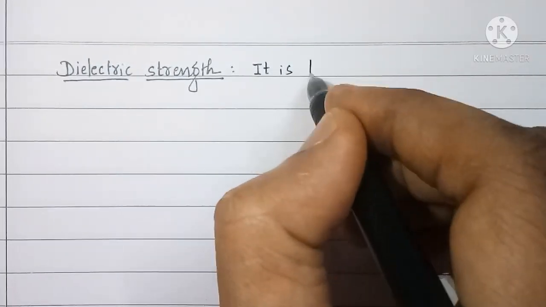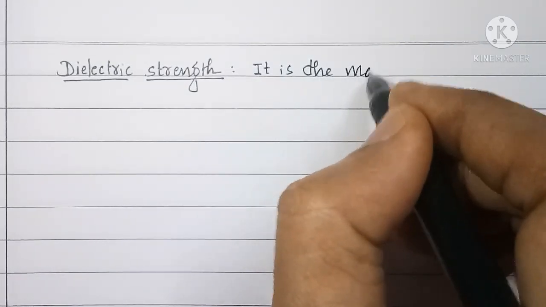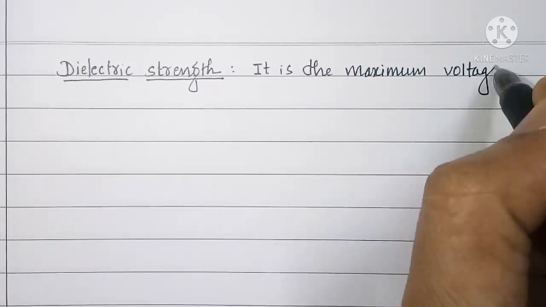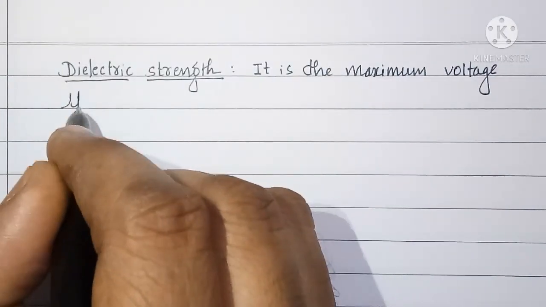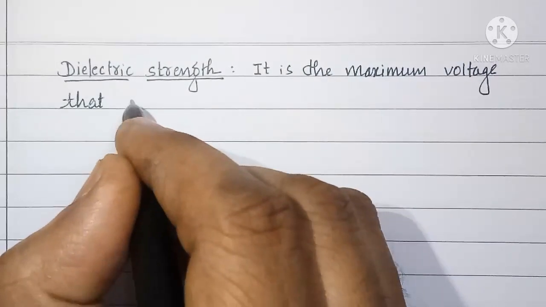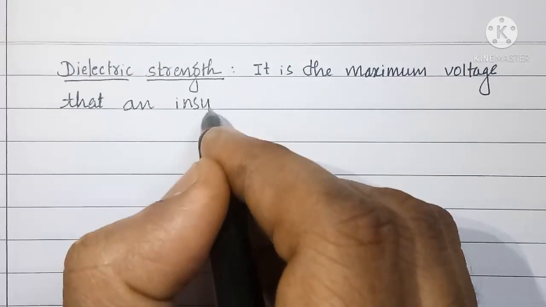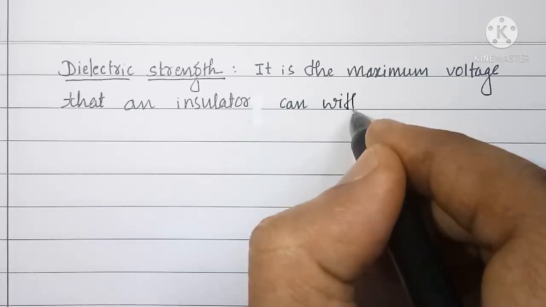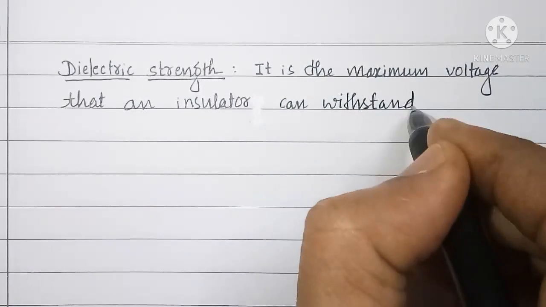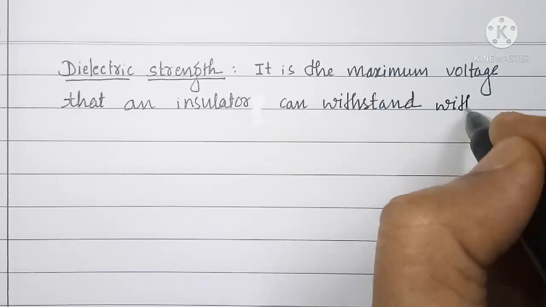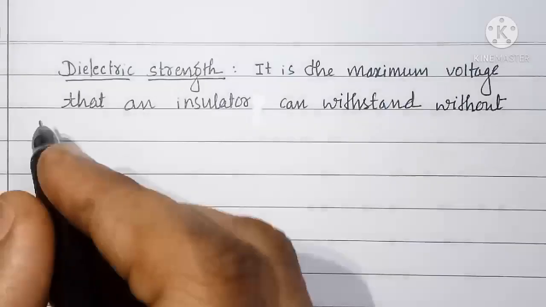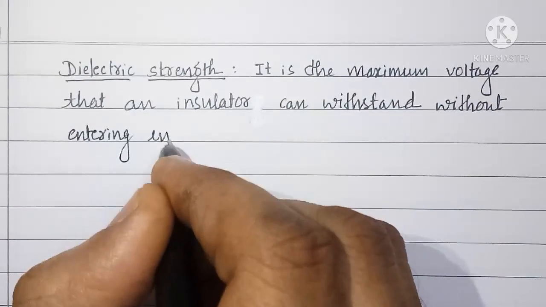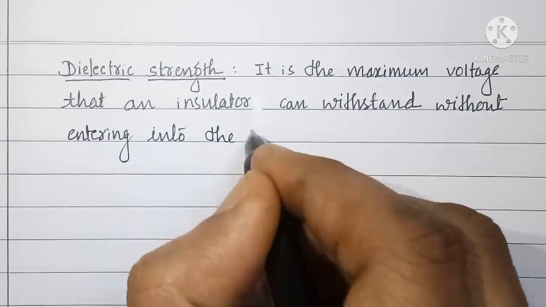It is the maximum voltage that an insulator can withstand without entering into the state of conduction.